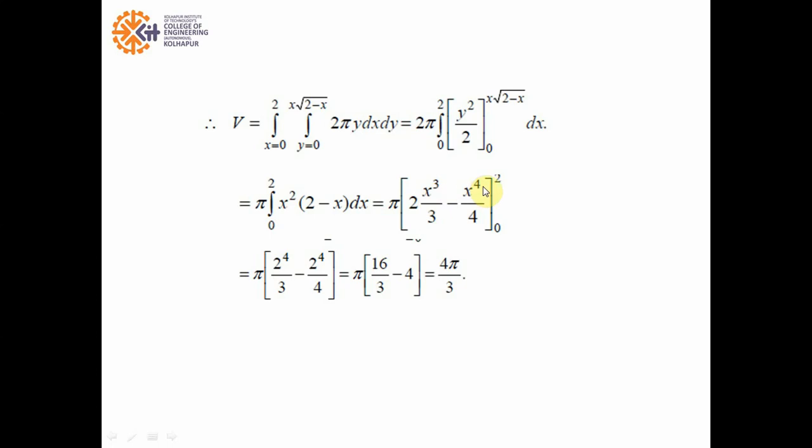First put x is equal to upper limit 2, we get 2 raised to 4 upon 3 minus, this term becomes 2 raised to 4 upon 4. When you put x is equal to lower limit, this total function becomes 0. So it is equal to pi into bracket 16 upon 3 minus 2 raised to 4 upon 4, it is 4. Simplify this bracket, we get the answer 4 pi upon 3.